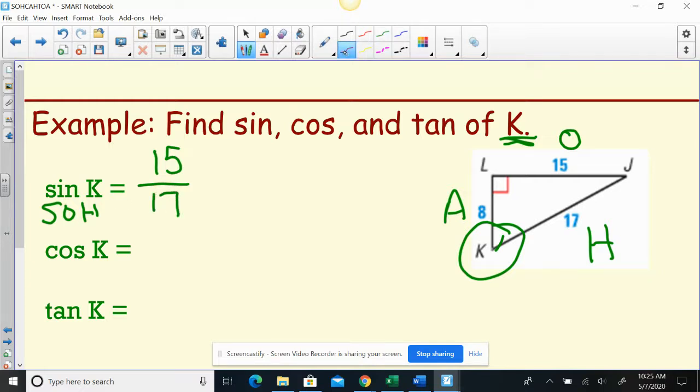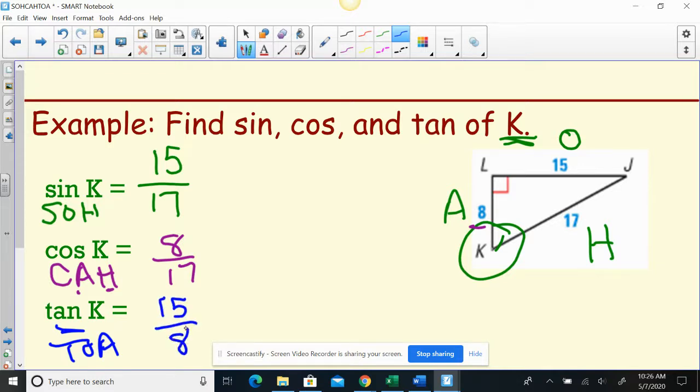Cosine of K is CAH, adjacent, which is 8, over hypotenuse, which is 17. If it reduced, I would simplify it, but these don't. Last one is tangent. Tangent is TOA, opposite over adjacent, so 15 over 8.